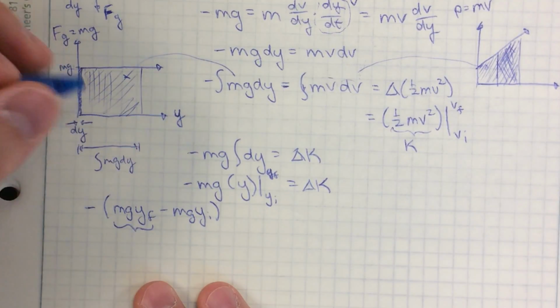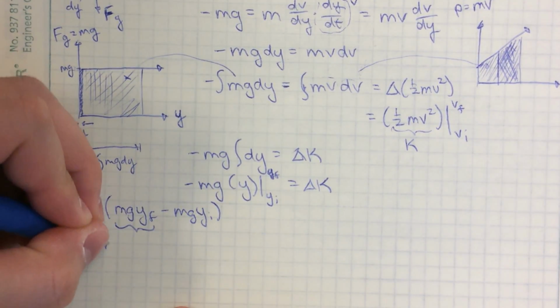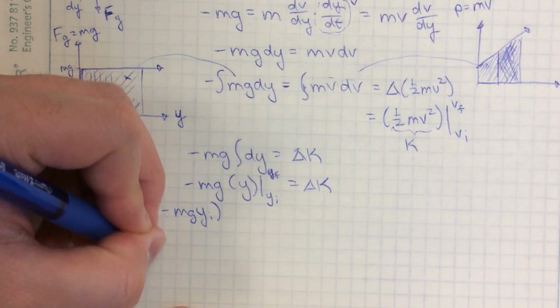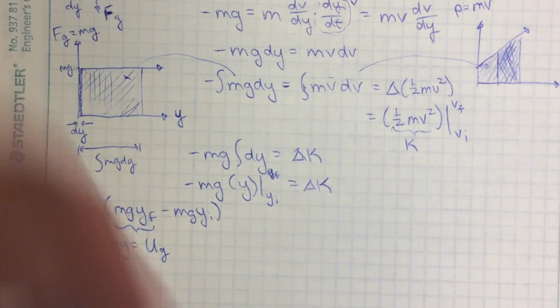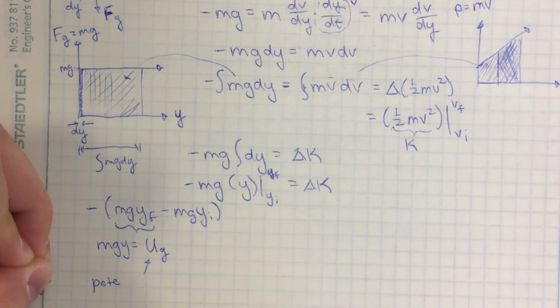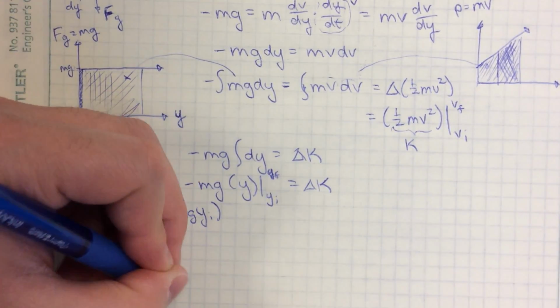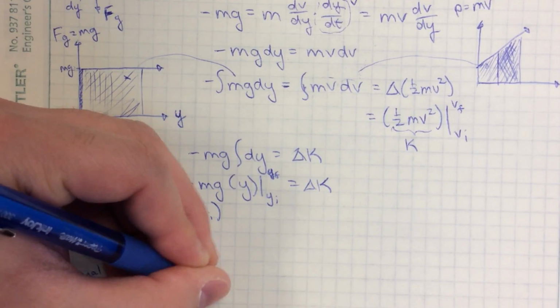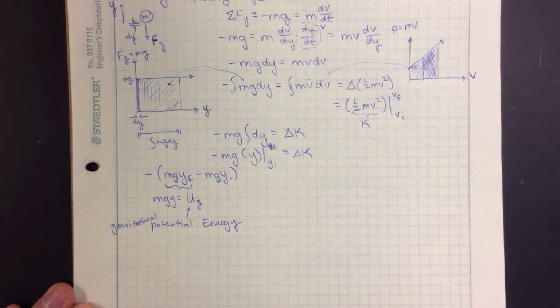This expression, mgy, I'm going to call U little g, U subscript g. This is the gravitational potential energy. Okay, that is gravitational potential energy.